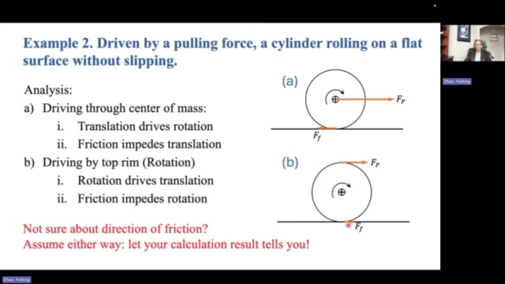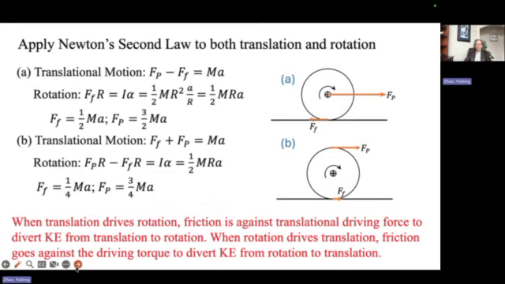Then let your calculation tell you the final result. So now, with this kind of analysis, we can go ahead and do the calculations. The key here is to use Newton's second law for both translational and rotational motion. First, we consider case A.